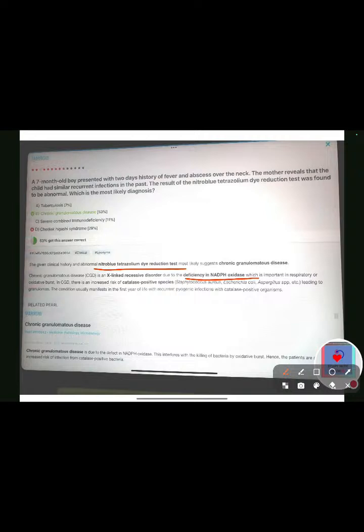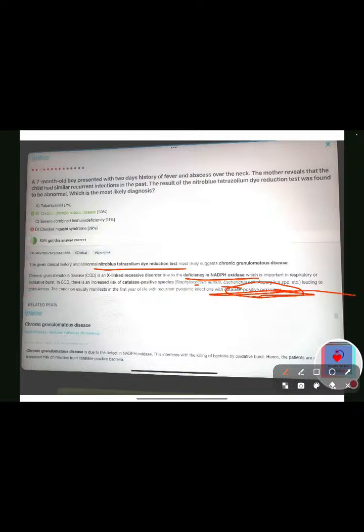In CGD there is an increased risk of catalase-positive species like Staph aureus, E. coli, and Aspergillus species, leading to granulomas. The condition usually manifests in the first year of life with recurrent pyogenic infections with catalase-positive organisms.